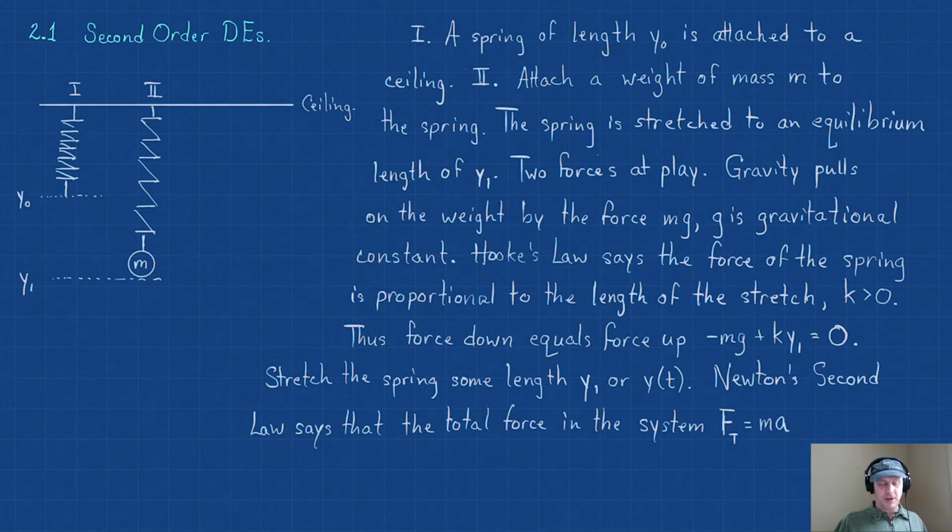Well, now we've talked about the distance being stretched as a function of y, so we could also say that the acceleration can be written as m times the second derivative of y.